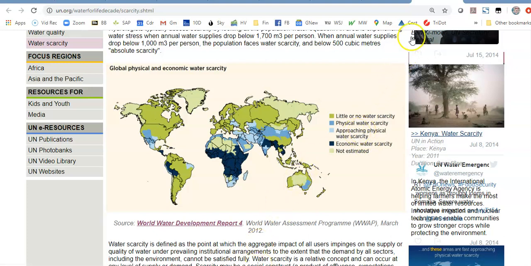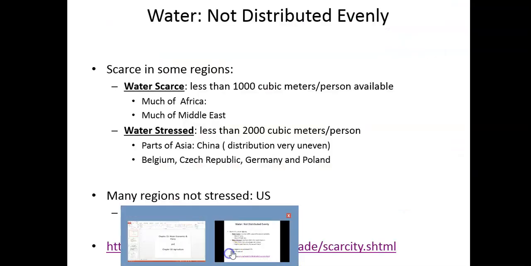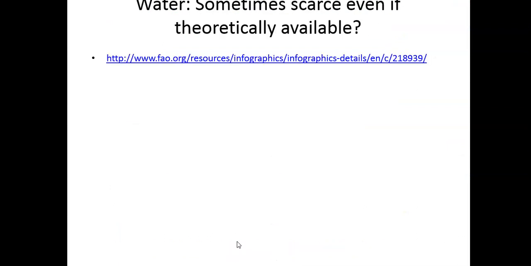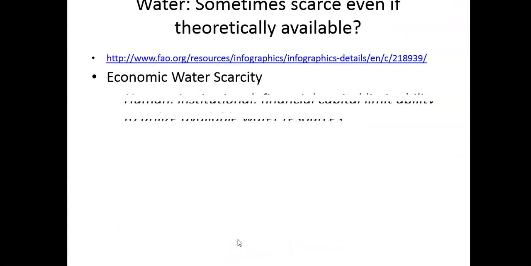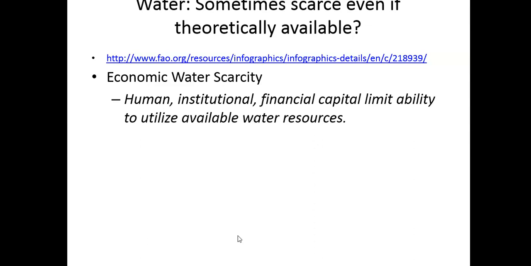So the next thing for us to try to understand is, what is the distinction? What does it mean for water to be economically scarce as opposed to physically scarce? Well, what it means is there isn't enough financial resources to develop the water resource.